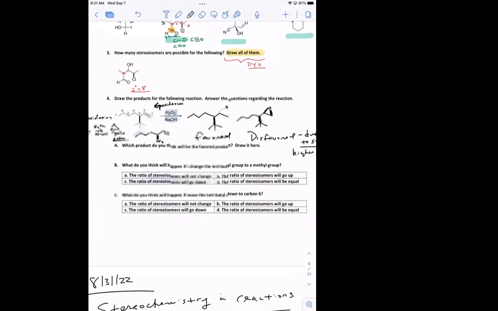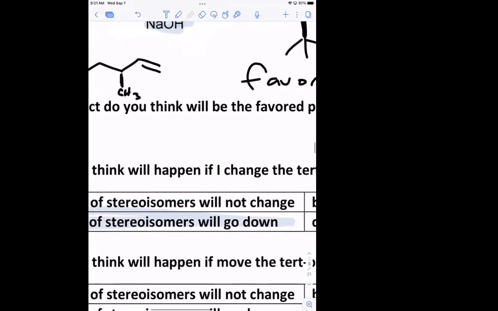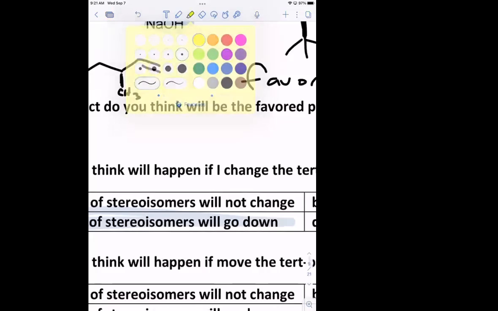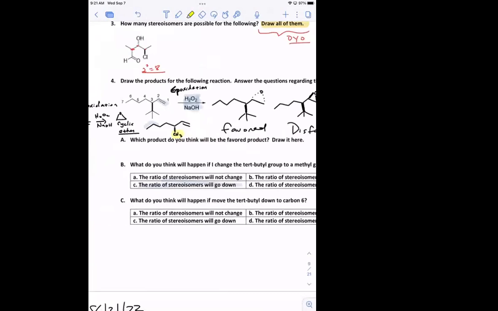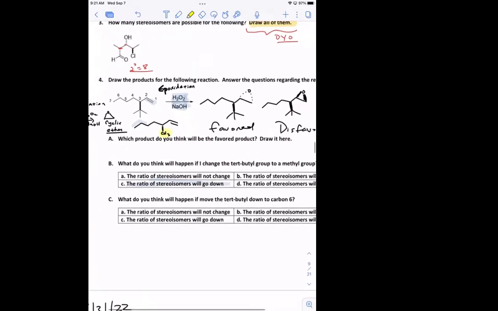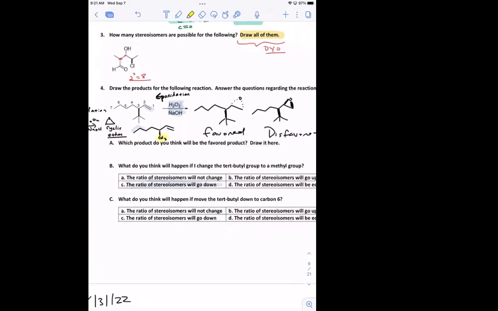If I make this group smaller, that means that there's less steric hindrance at that site. That means that the reaction is not going to require as much energy. And so the disfavored product is going to be more accessible. So that's going to make the ratio go closer to the two stereoisomers being equal.